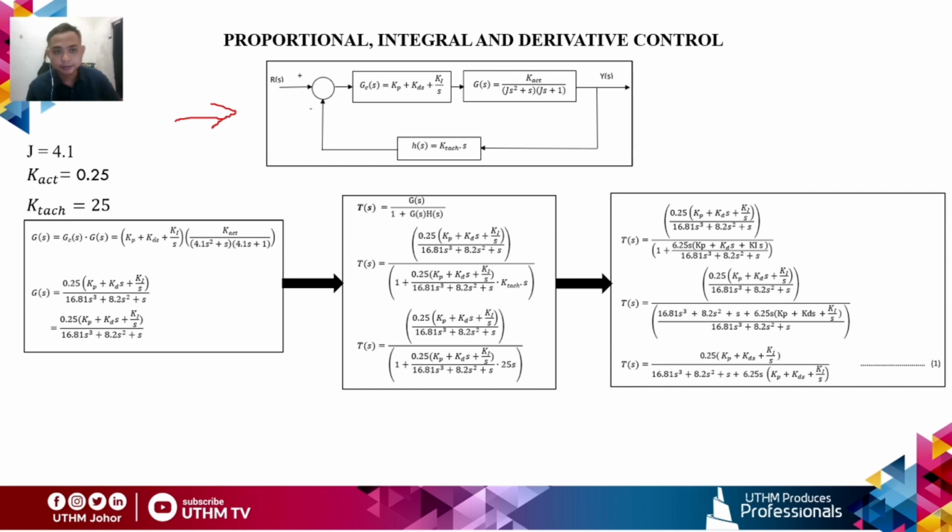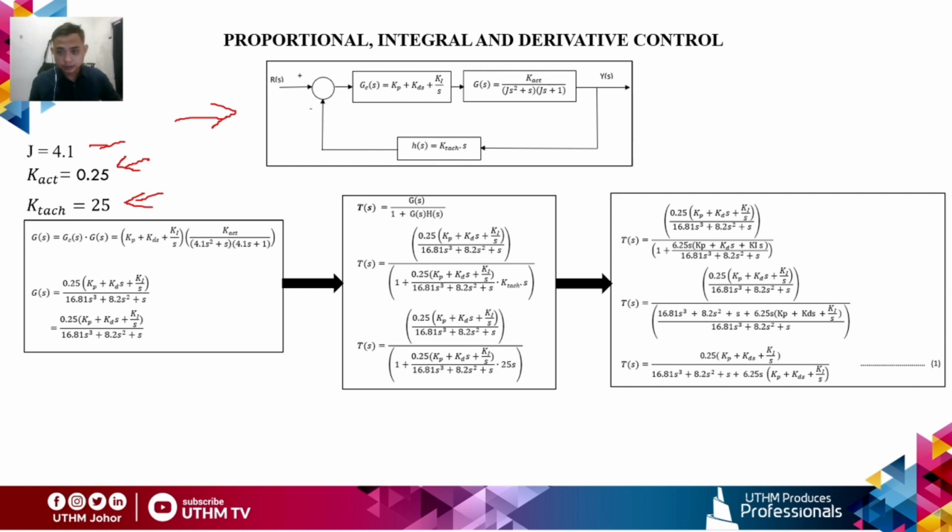The Kp plus Kd plus Ki over S, and then go to the Kx over Js squared plus S times Js plus 1, then this goes back through K tag times S. So here we assume K tag is equivalent to 25 and J is 4.1 and the gain for the actuator is 0.25.